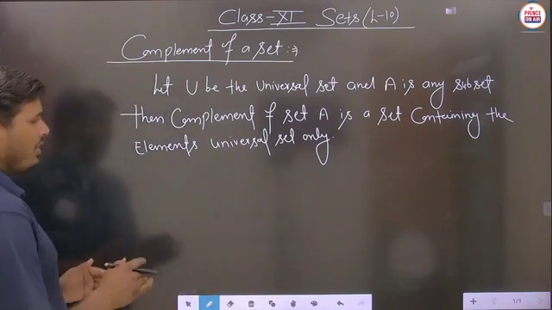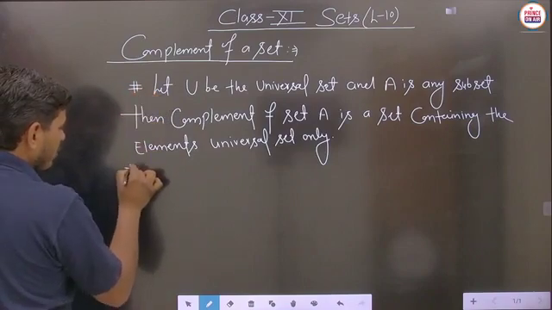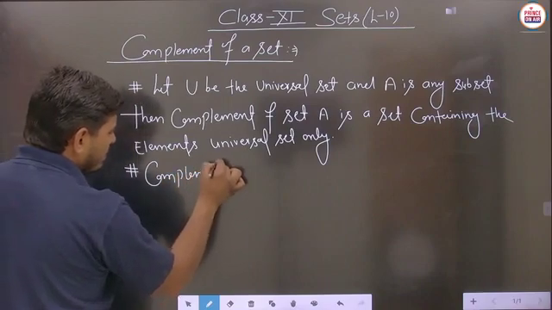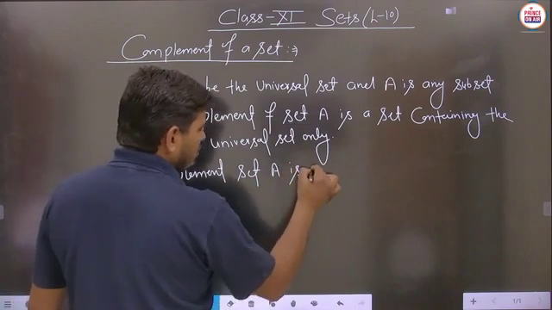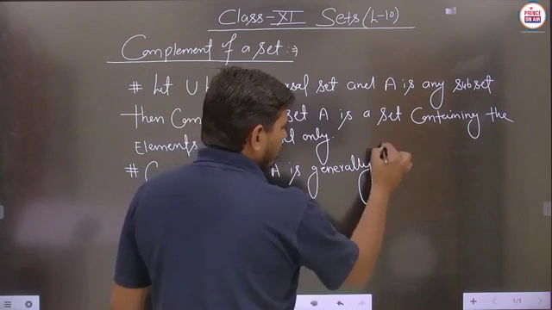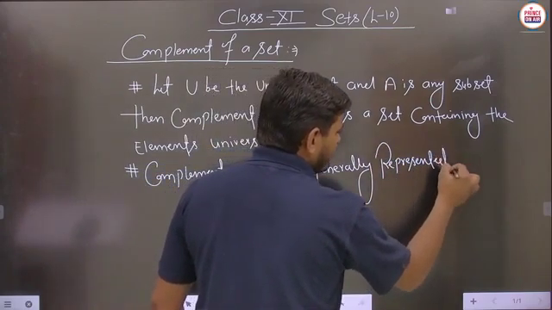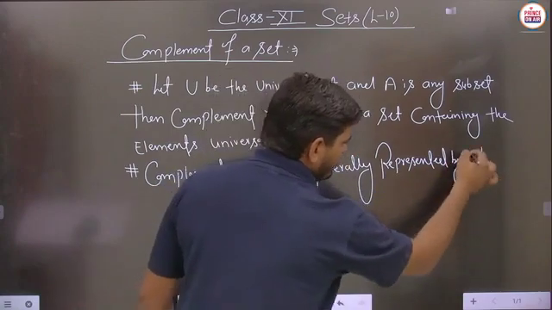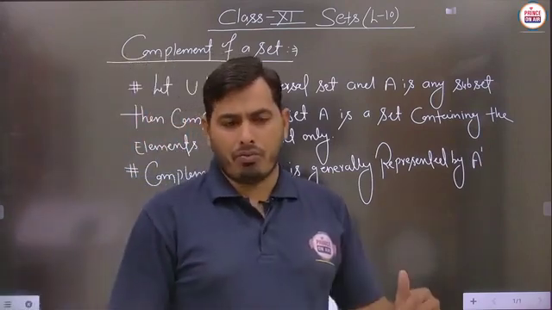One more thing: the complement set of A is generally represented by A dash. This is the basic symbol; we use the dash sign to represent the complement of any set.